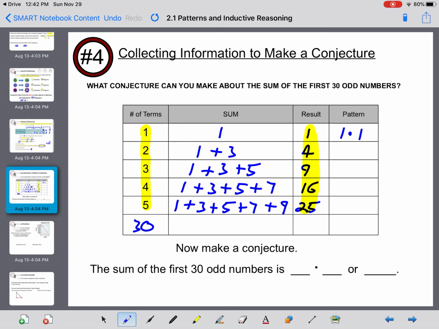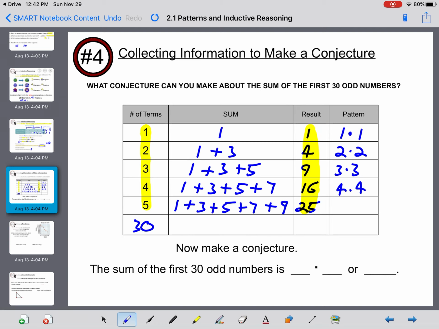Isn't 1 times 1, 1? If the number of terms is 2, isn't 2 times 2, 4, which is the result? If the number of terms is 3, 3 times 3 is 9. The number of terms is 4. Well, 4 times 4 is 16.